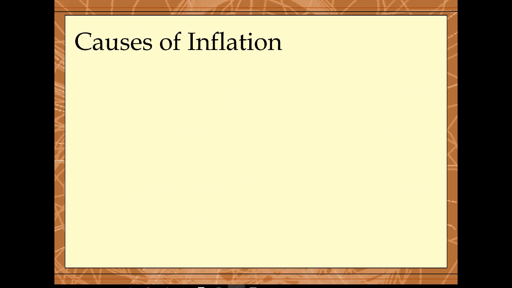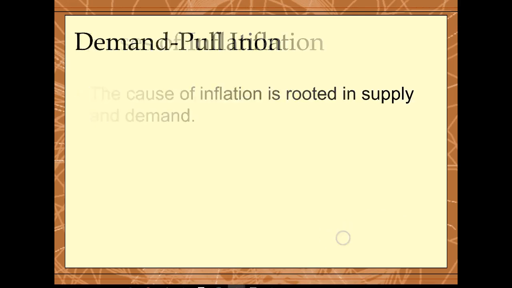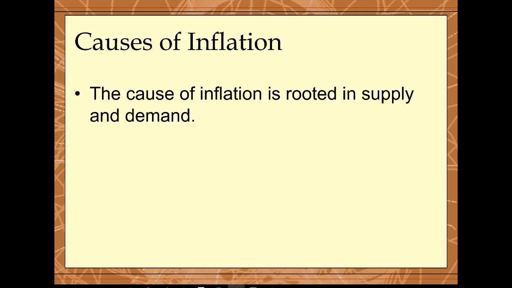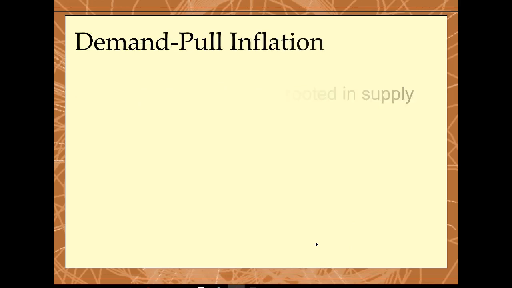Now, broadly speaking, what causes inflation? Well, there are really two broad causes. The supply and demand. So, if we look at price and quantity, we look at a supply curve and we look at a demand curve.